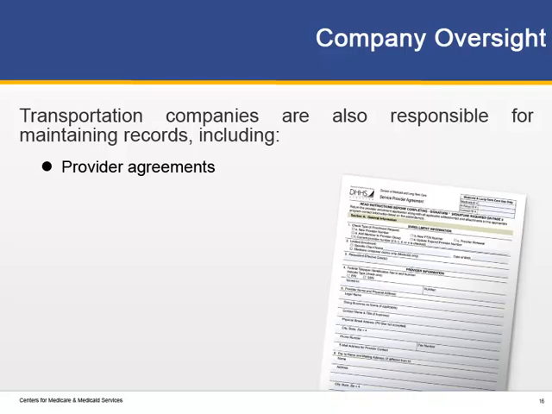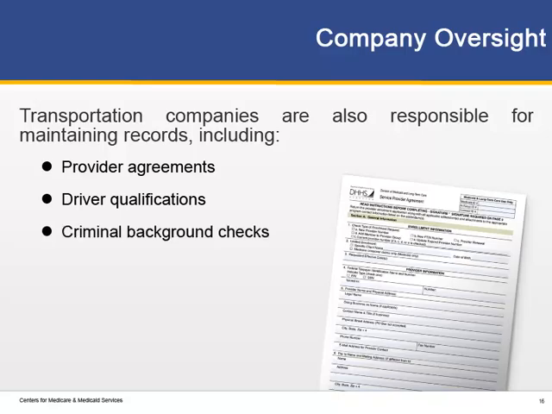All states require transportation companies to verify their drivers' qualifications. At a minimum, companies must verify and save a copy of each individual's driving record, document that the employee has the current and correct licenses, document a criminal background check, and verify the driver has the required education, training, and certifications to be eligible to perform the necessary services required during emergency transports.